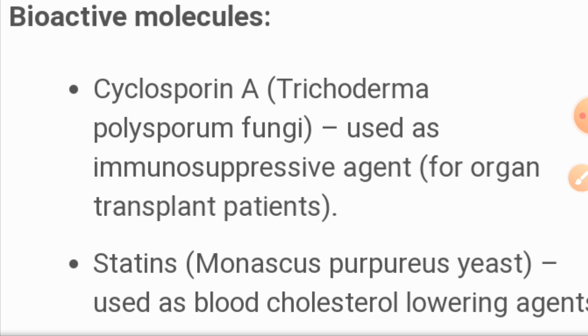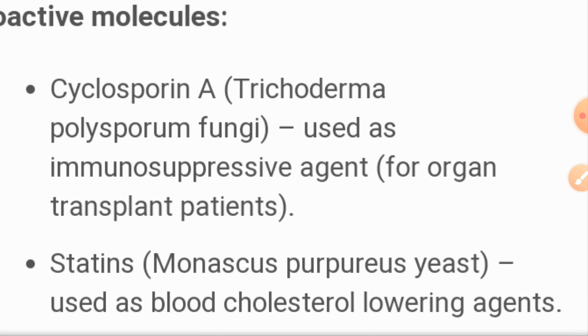And the second bioactive molecule is called statins, right? Statins can be obtained with the help of a yeast called Monascus purpureus. This Monascus purpureus yeast is used, not as a clot buster, sorry, but always for lowering cholesterol in the human body.